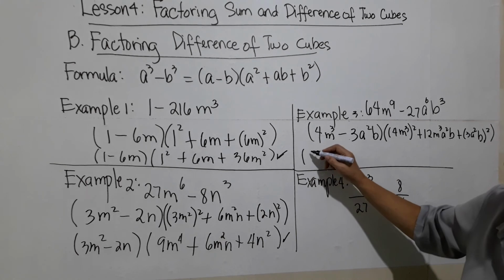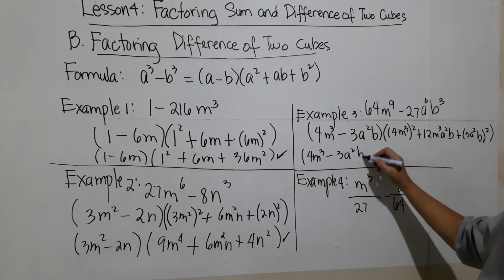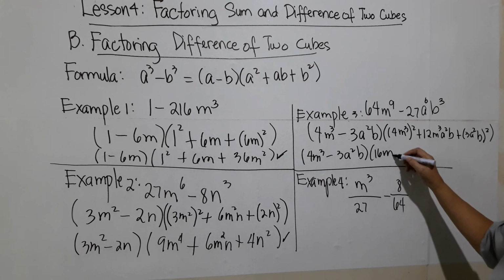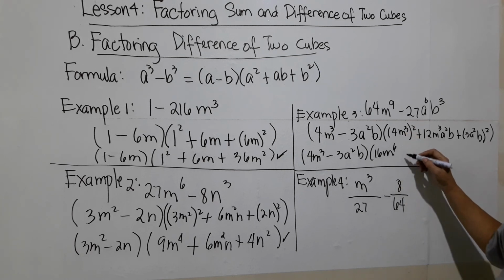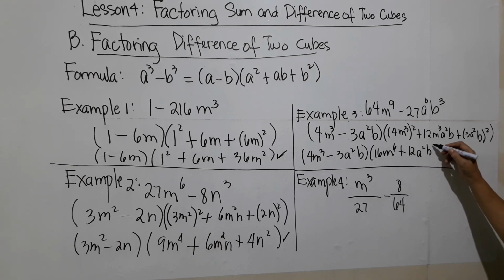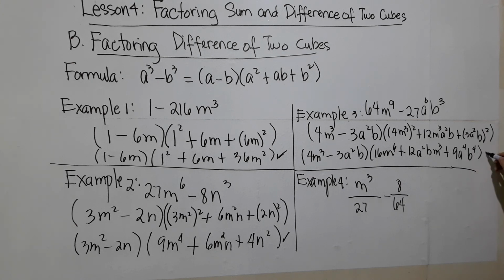We need to simplify. Copy first. So we have now 4 squared is 16m to the 6. Plus, we have to rearrange the variables alphabetically. So we have 12a squared b m cubed plus 3 squared is 9a to the 4th b to the 4th. So this is the correct factors.